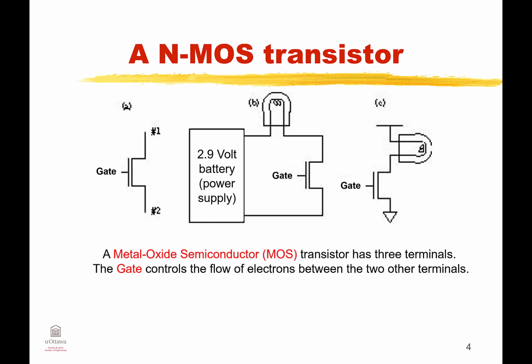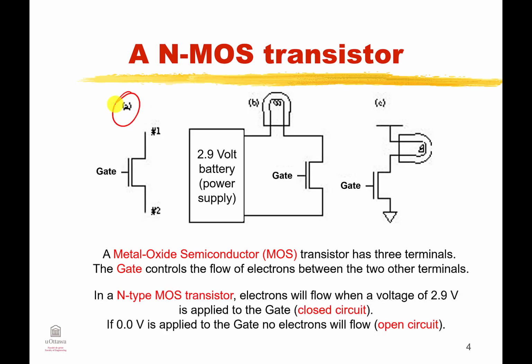So we have something called metal oxide semiconductor, MOS, transistors. These transistors can be symbolized like this. Okay, the transistor, guys, basically has three terminals: terminal 1, terminal 2, and the gate. The gate is like a security guard who's waiting.